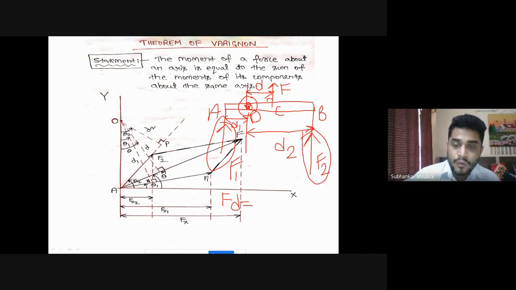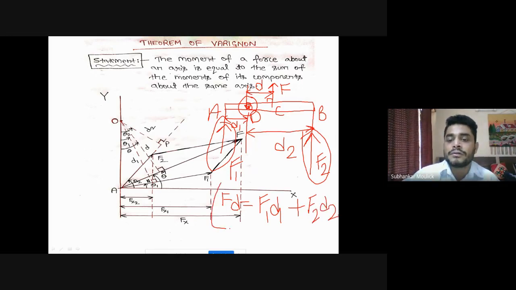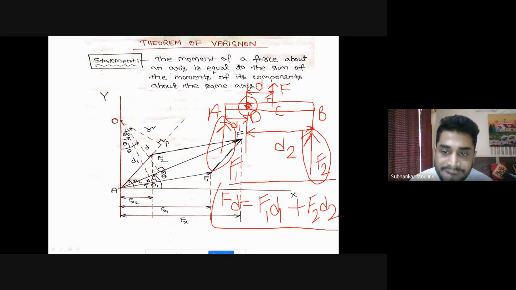So for F1, the moment will be F1 into d1, plus for force F2, the moment will be F2 into d2. This is the statement of Varignon's theorem. Is it clear now? Yes, sir.